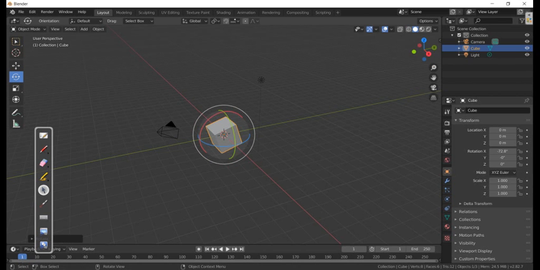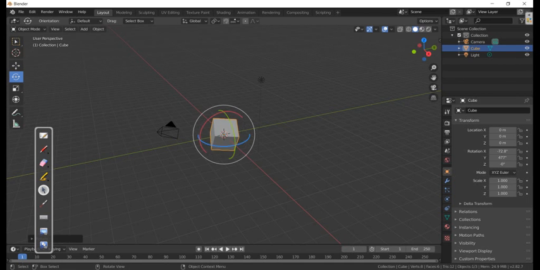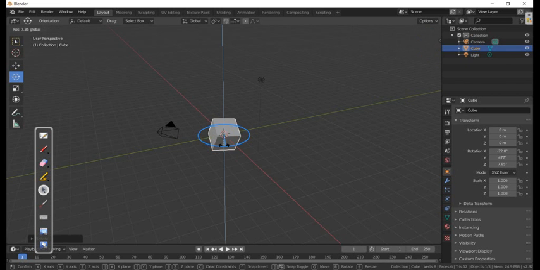Similarly, you can get hold of the y-axis, the green line, and apply y-axis rotation. You can see that the y-axis is being rotated. Similarly, you can get hold of the z-axis and apply rotation.